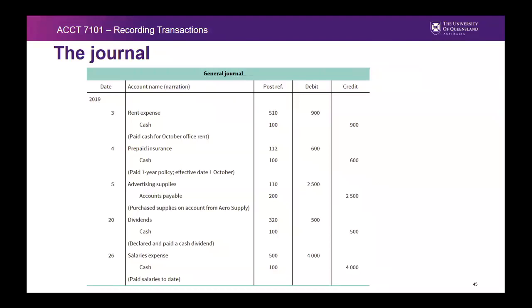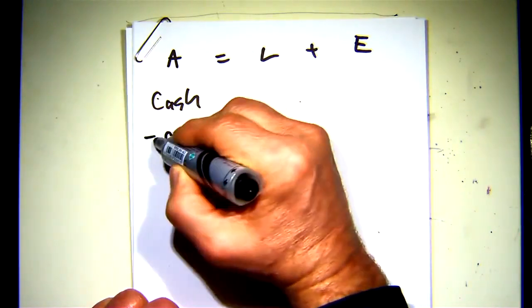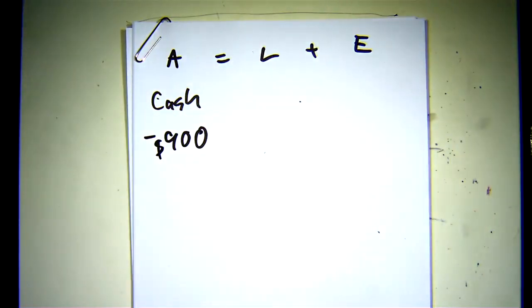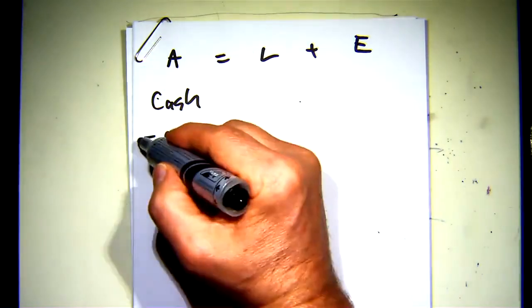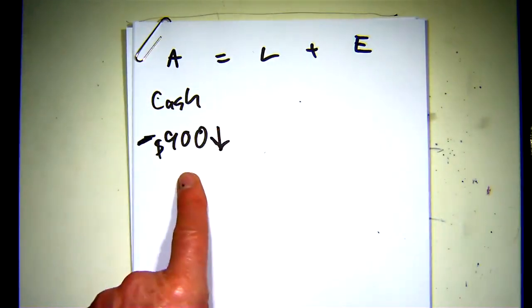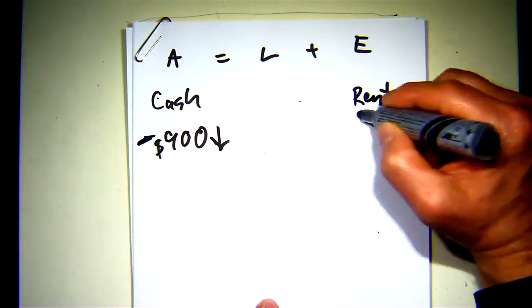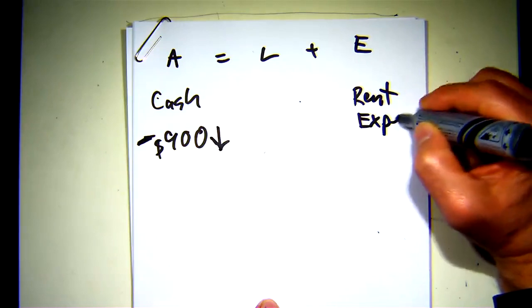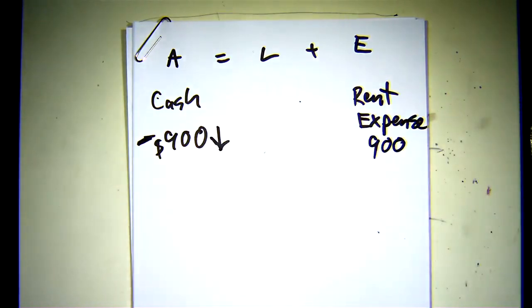It was $900. So we deduct $900. Sometimes I use an arrow down, it's a minus sign. So we have a decrease in cash. And then we've got a rent expense of $900 there.